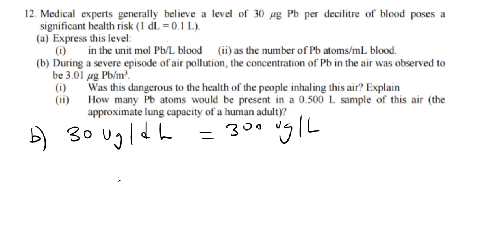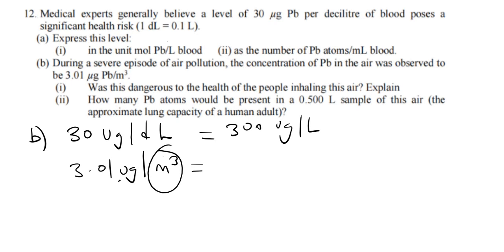Okay, this is very dangerous. It poses a significant health risk. That's the dangerous threshold. Now we've been told that the air concentration observed is 3.01 micrograms per cubic meter. We're supposed to convert this to liters to compare.